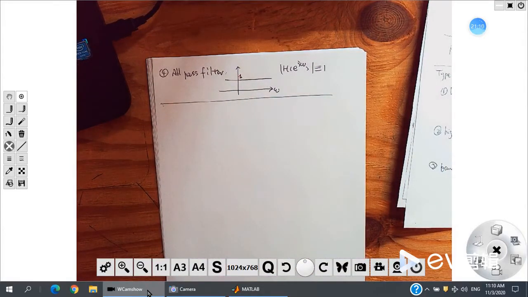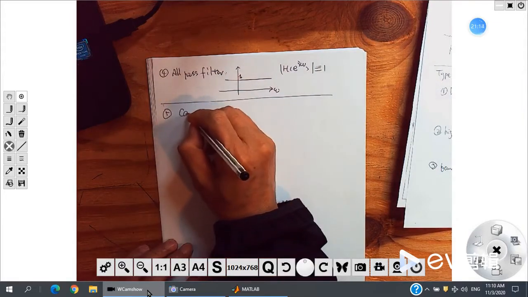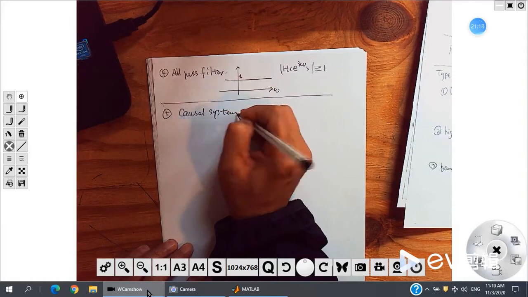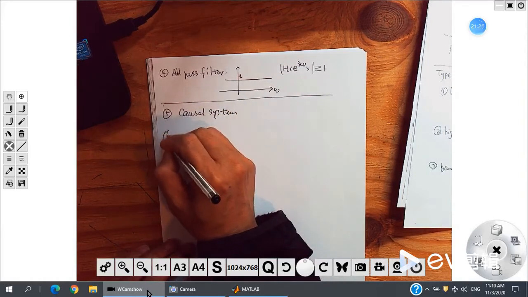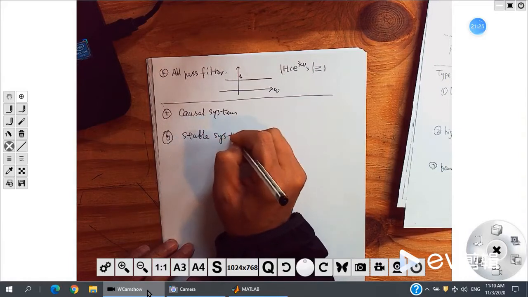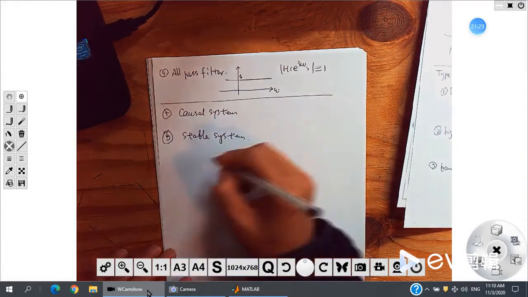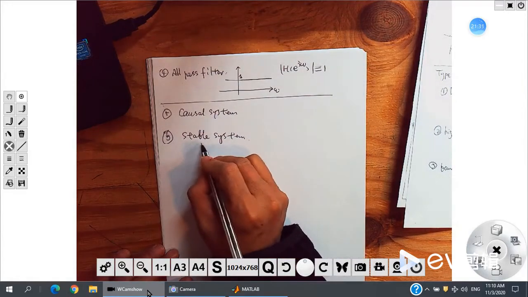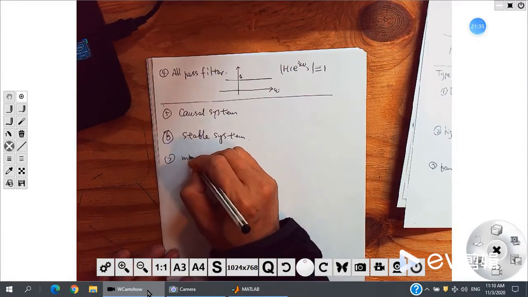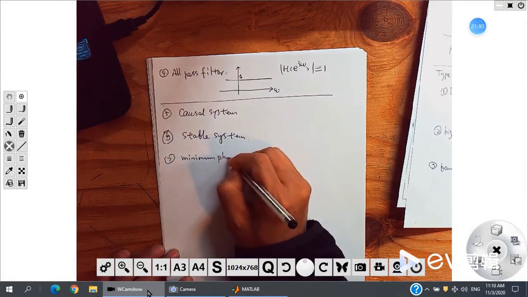We also have some other systems. We have FIR, we have causal systems, we have stable systems. What else do we have? For stable systems, we have a stronger case, which is the minimum phase system.